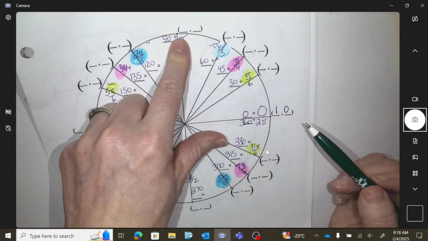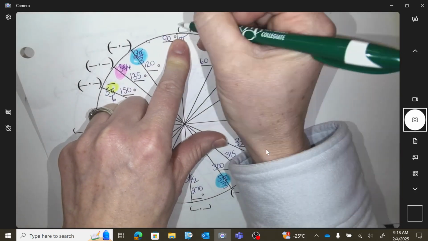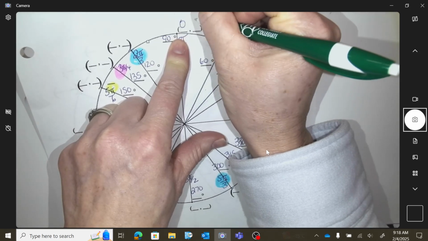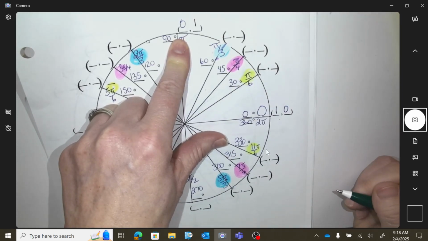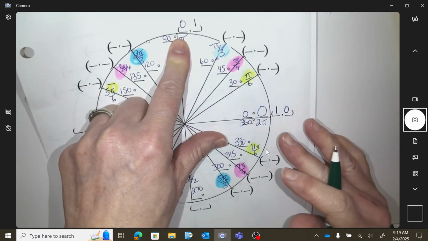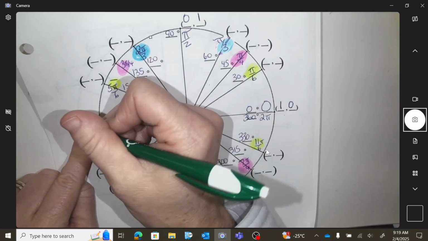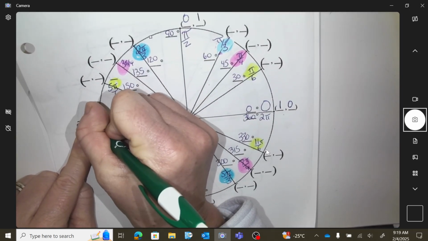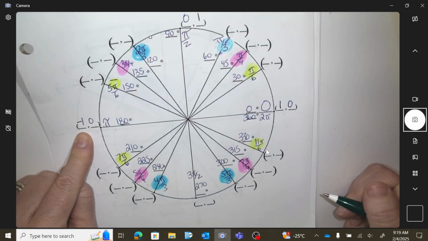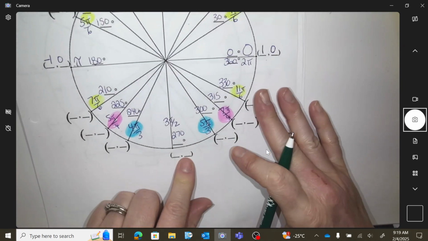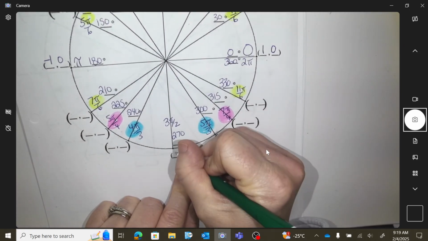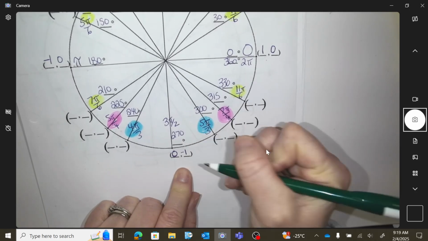If we go to the 90, our x is 0, but our height is 1. At 180, you're left, no height. And at the bottom, no x, down 1.